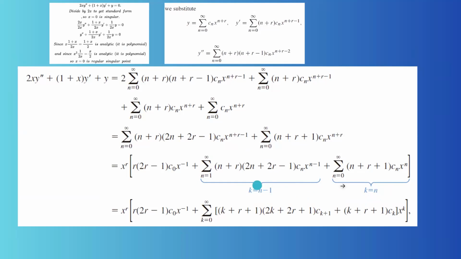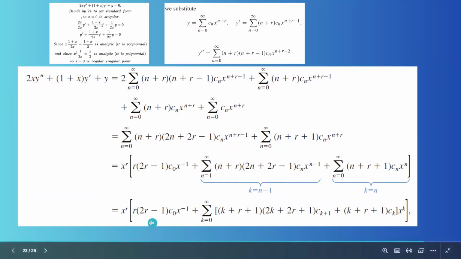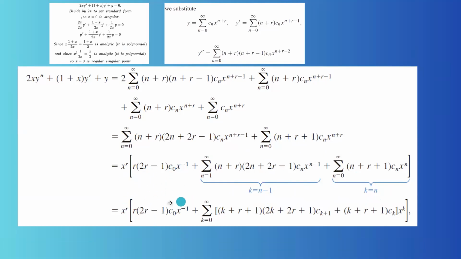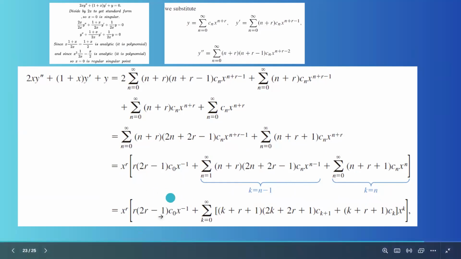The way we are representing this is to find a recursion between these two. So x to the power r, write down the very first term here. You're going to use this to identify the r values and then combine the rest to find a recursion.